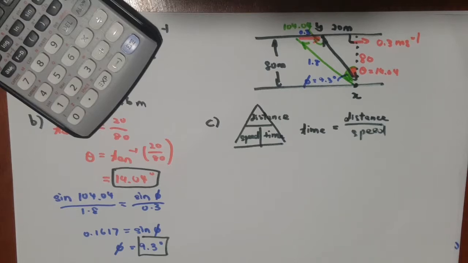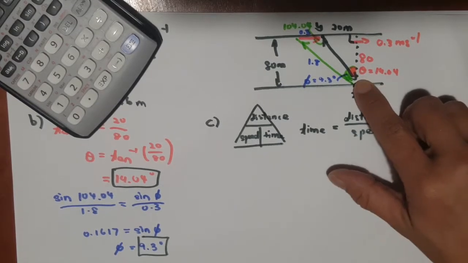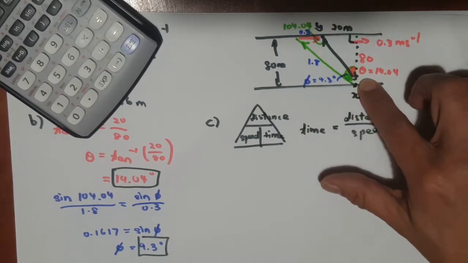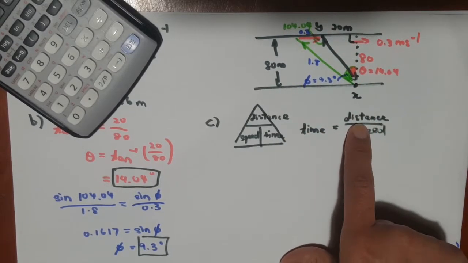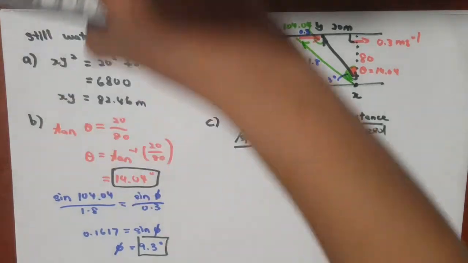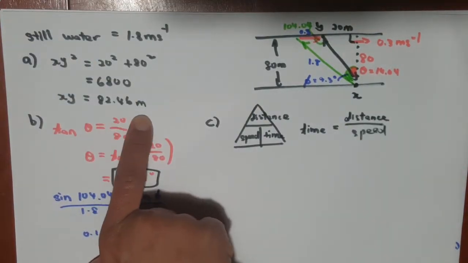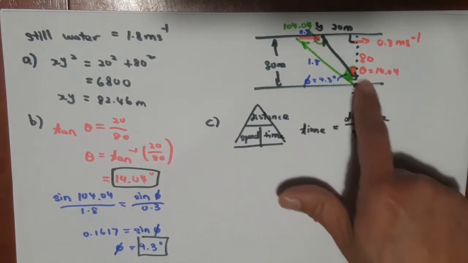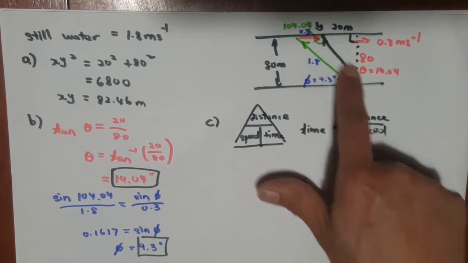For Stephanie to cross the river, her actual path will be this black line over here. We know that the distance of this line is 82.46 as found in A. What we also need to consider is the speed of Stephanie, which is this line here.